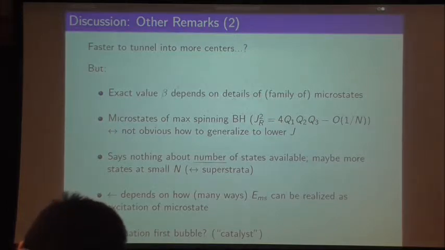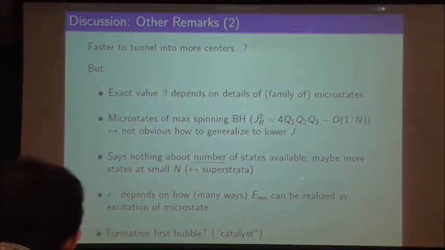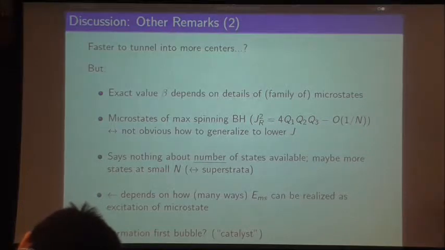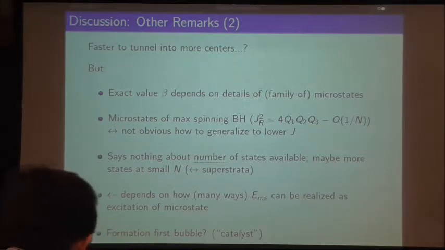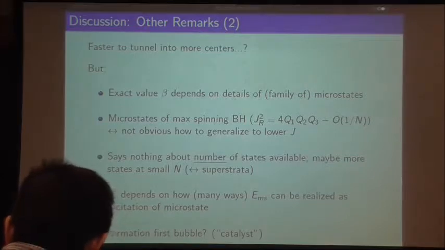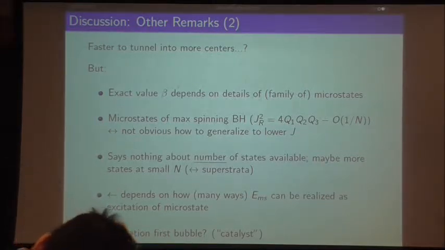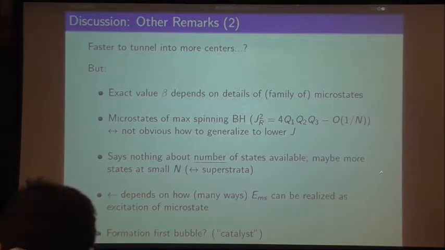And again, we said nothing about the number of states available, and it could be possible that there are more states with small n. In particular, there are certain arguments in the superstrata literature that suggest that 2 centers are almost enough to get all of the entropy for the black hole, or at least parametrically enough entropy, so the correct scaling of the charges. This might be true, and still be completely consistent with our findings.